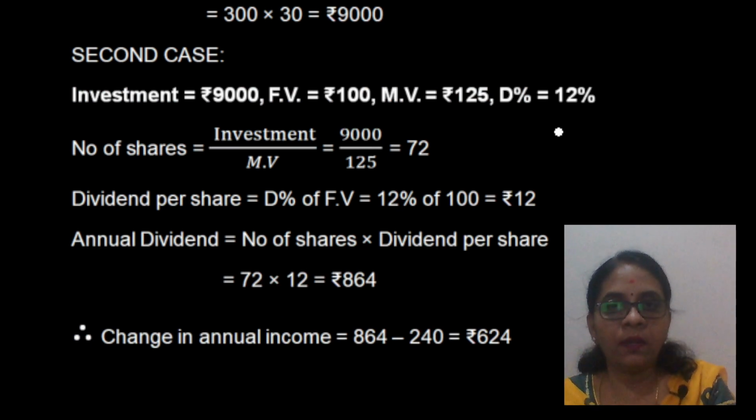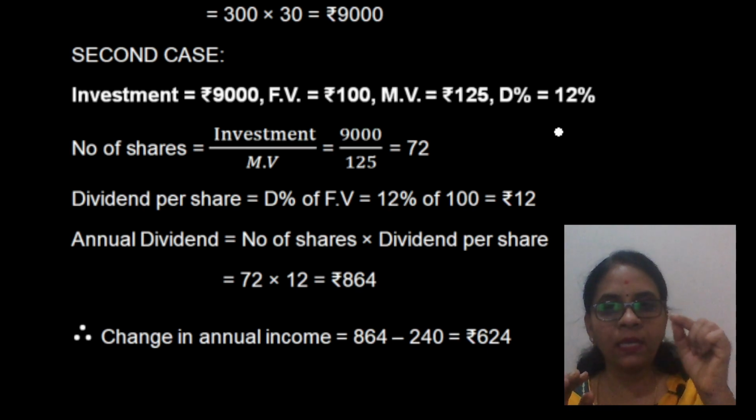Face value is 100, market value is 125, D percent is 12%, number of shares I just did 72, D per share rupees 12, annual dividend 864. This last step I did not put in the working there. Annual income change is 864 minus 240, which is 624. Hope this concept of sale proceeds is clear.